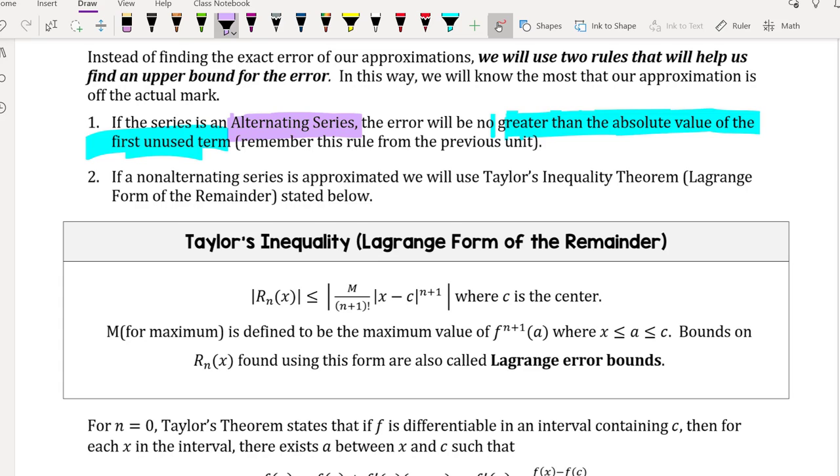If it's not an alternating series, and it's approximated by a Taylor series, we will be using Taylor's inequality theorem, or the Lagrange form of the remainder. So here's what it is, and we just kind of stated it with Taylor's theorem there.